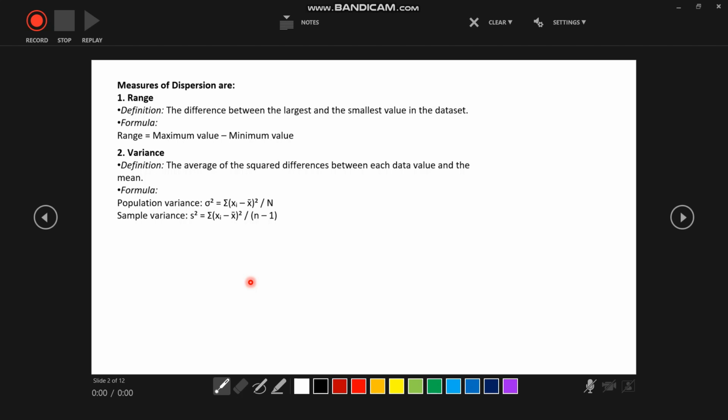For the second case, we have the score of only 30 students selected from that school, so you use sample variance. Whenever we have selected data, you use sample variance. But if we have the entire data, you use population variance.